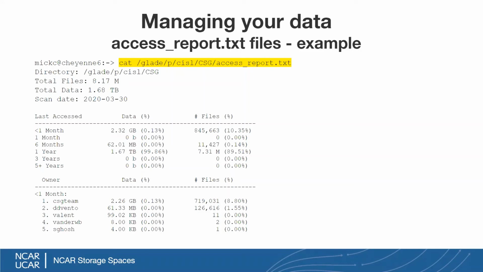This shows that in this case 2.32 gigabytes has been accessed in less than a month, and then so forth. Within 6 months it was 62 megabytes, so forth and so on. Underneath that, in the next section, we see who those users were in my group who were actually using and reading the data. This gets continued on the next. This is just the first page of this report.